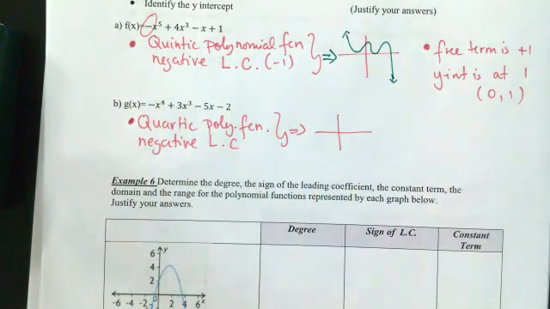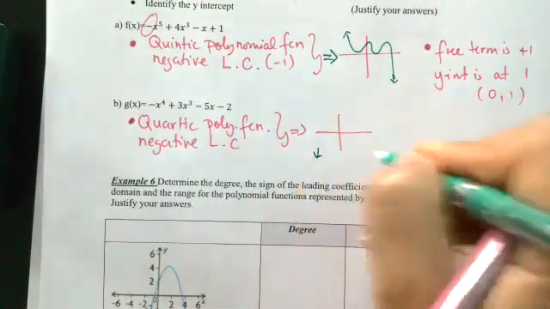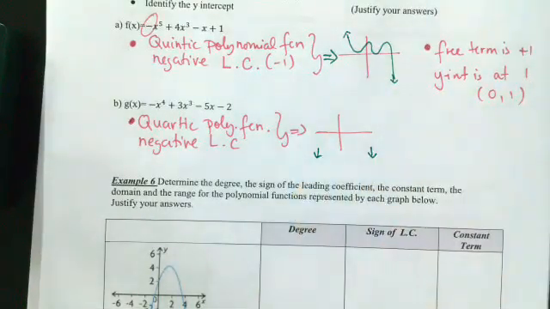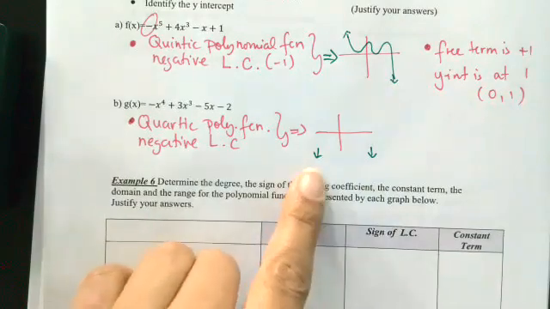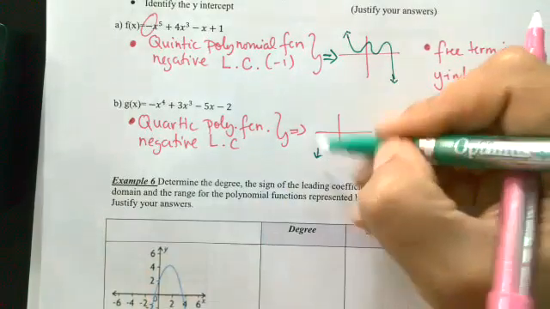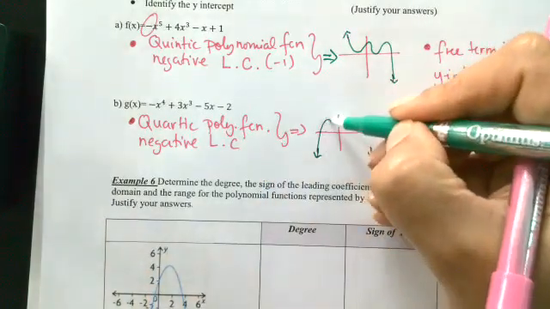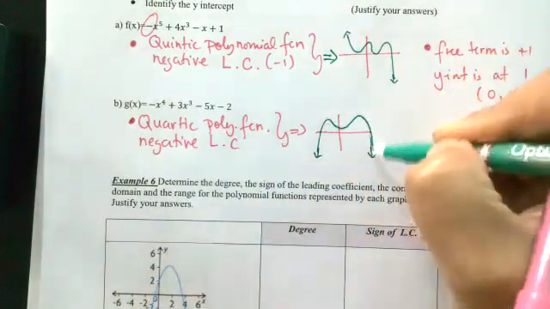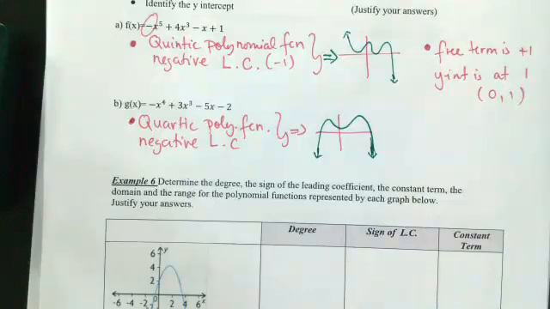Quartics have the same end behavior as your parabolas, right? So if it's negative for parabola, frowning parabola, your two arrows for the ends are going to be downwards like that. Quadrant 3, quadrant 4, right? But it's quartic, so it has to look like an M. Like a camel with two humps, right?